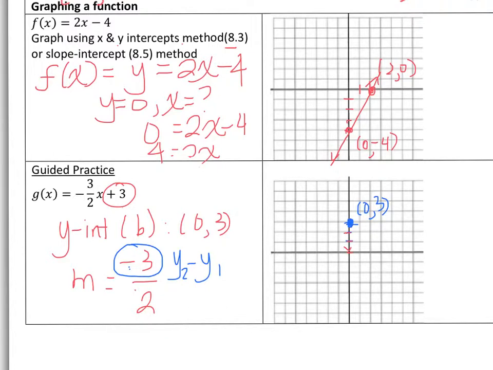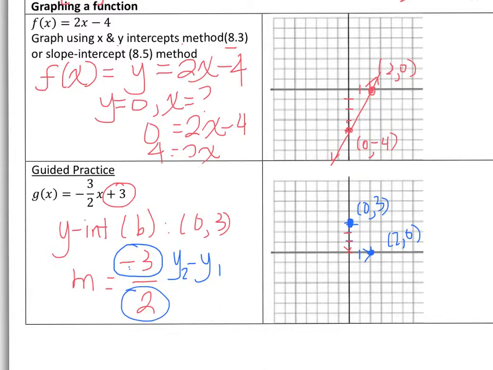And I'm going to look at the denominator. It's positive. And I'm going to shift right, because it's positive, 2 units to find my second point. And I happen to land on the point 2, 0.